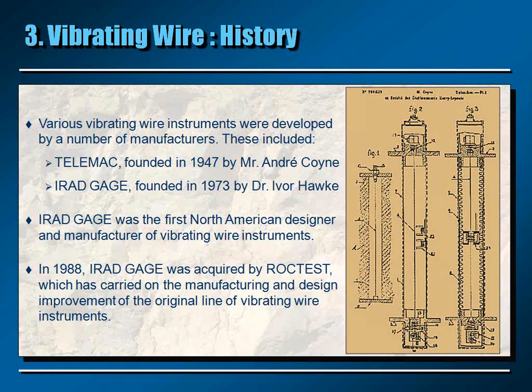Roctest gained a lot of experience by purchasing these two companies. Indeed, Roctest purchased Telemac in '91, I think, and Iron Gauge in 1988. So thanks to these two companies, Roctest has a long experience with the vibrating wire sensor.